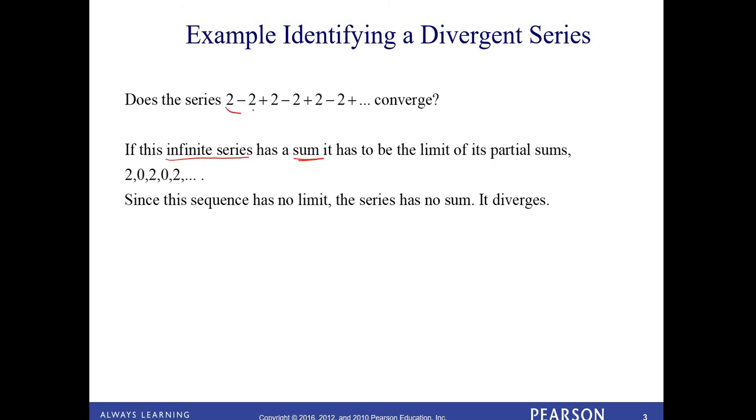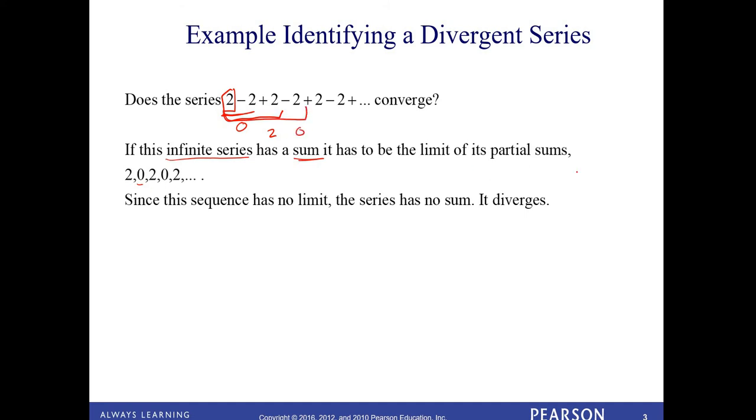Actually, we start with the first term, so 2 is the first partial sum. Adding the next term, I get 0. That's my next partial sum. Adding the next 3 together, I get 2 again. Adding the first 4, I'm back to 0.